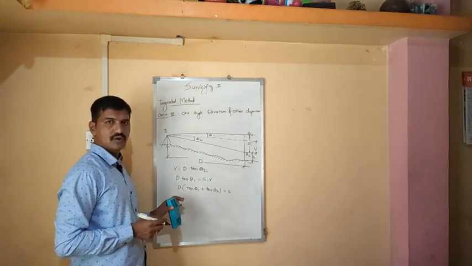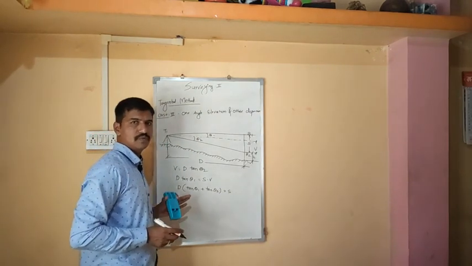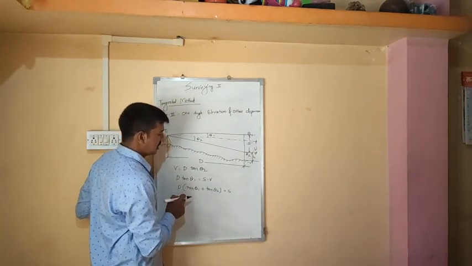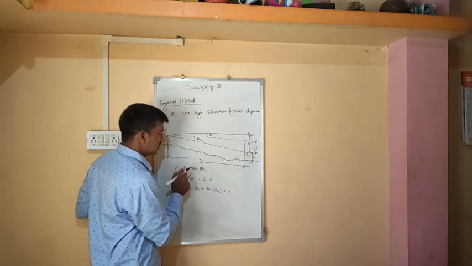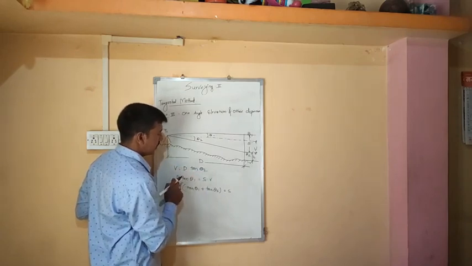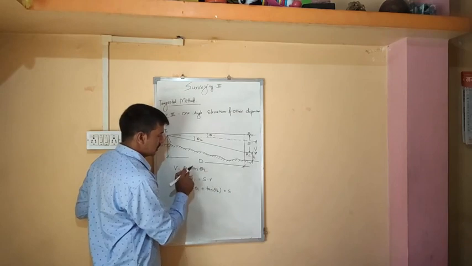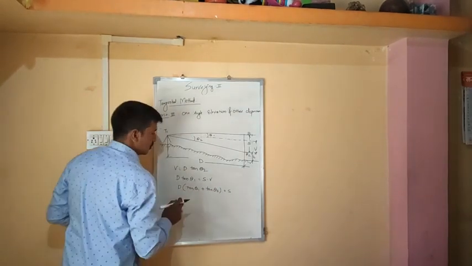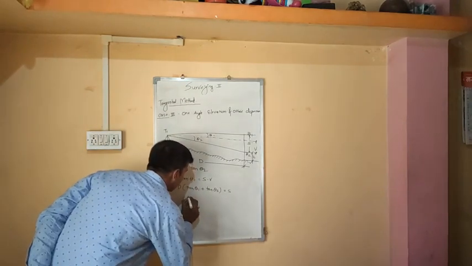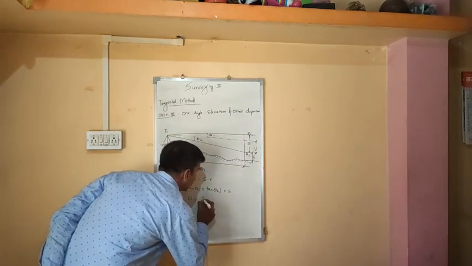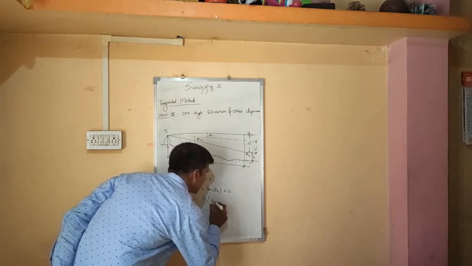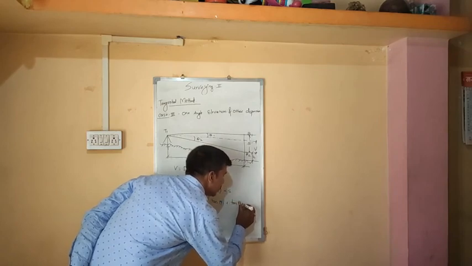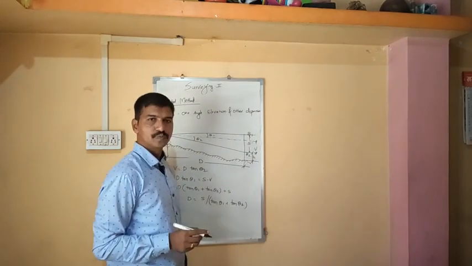Students, did you get it? I have done a two-step modification. What I have done: minus V is taken on this side, so it will be positive V, so plus D tan theta 2. D tan theta 1 plus D tan theta 2, D is taken common, so D will be equal to S upon tan theta 1 plus tan theta 2.